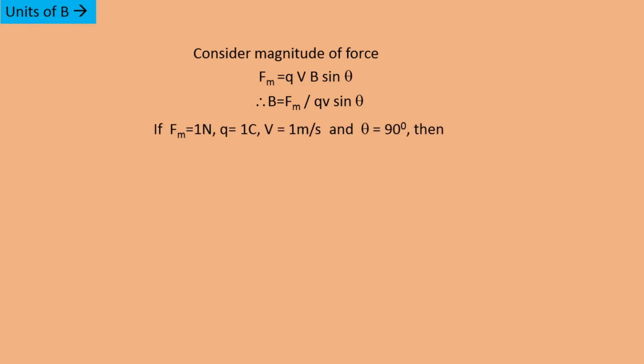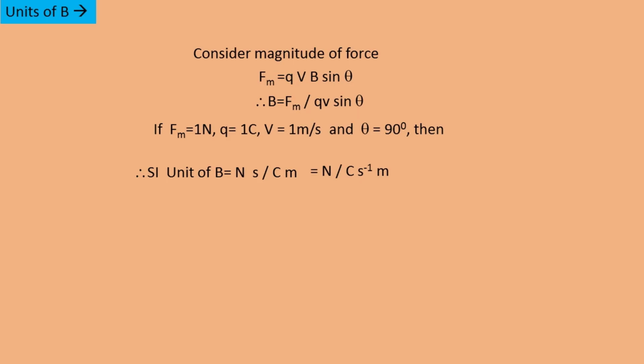Also, if we consider magnetic force is equal to 1 Newton, charge is 1 coulomb, velocity is 1 meter per second, and theta is equal to 90 degree, then we will get the unit of B, that is Newton second per coulomb meter. This can be written as Newton per coulomb second raised to minus 1 into meter.